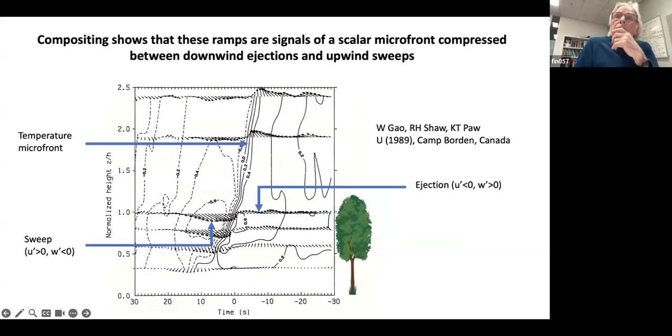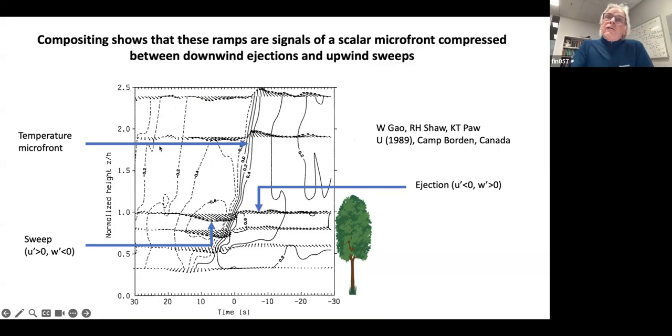If we go to the next slide, if you stack lots and lots of these time traces on top of one another, lining up the ramp structures, what we find is that the ramps correspond to temperature microfronts. There's a slower warming than the sudden cooling. But if you look also at the velocity field, in front of the sudden cooling is upward movement of warm air from within the canopy, the sharp temperature microfront, followed by downward movement of cooler air from above.